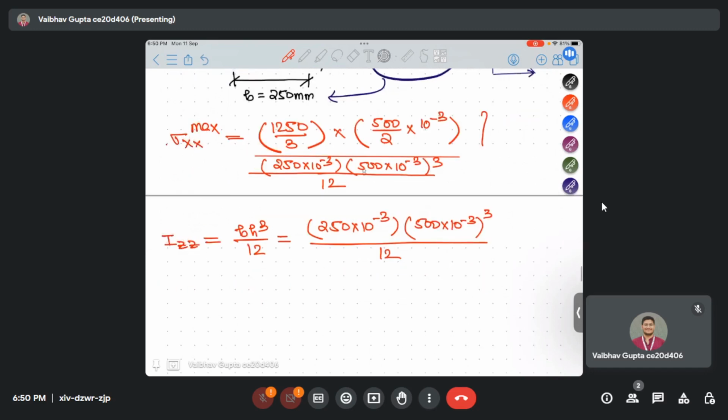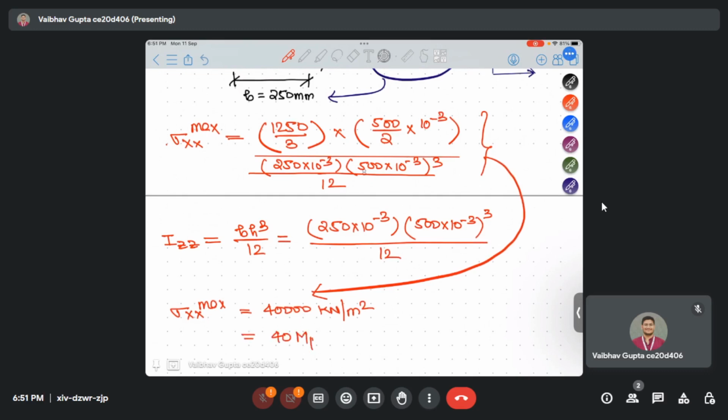Okay, so I will put this expression here. After calculating all these three, sigma xx max I will get as 40,000 kilonewton per meter square, which is nothing but 40 MPa. What is MPa? 1 MPa is equal to 10 to the power 6 Newton per meter square, or 10 to the power 3 kilonewton per meter square.